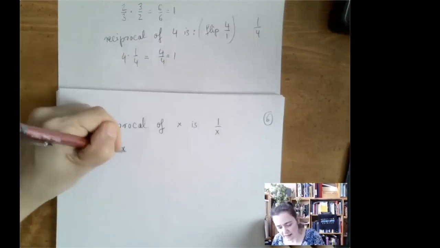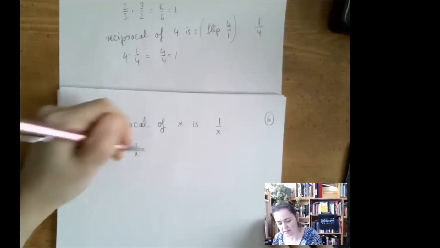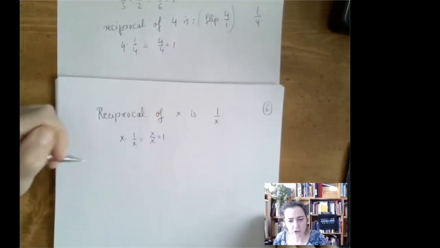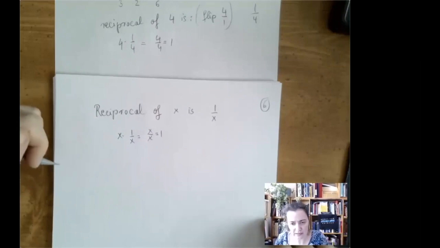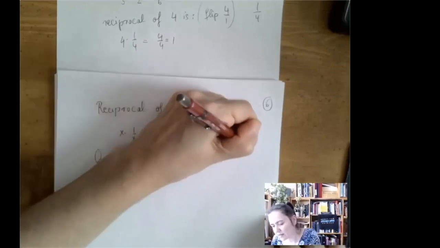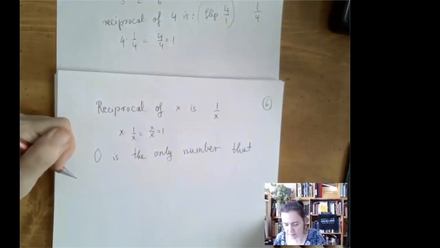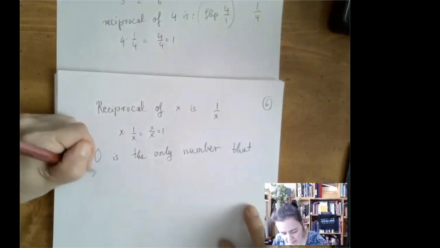And indeed, x times 1 over x, x over x, equals 1. The only number that has no reciprocal is 0, because you cannot multiply 0 by anything to get 1, because anything times 0 is going to be 0 for you, right? 0 is the only number that has no reciprocal.